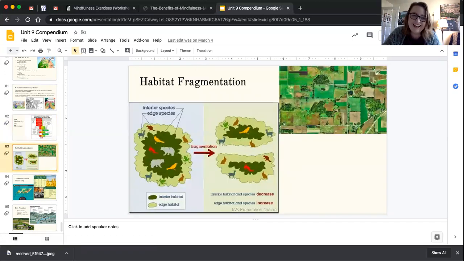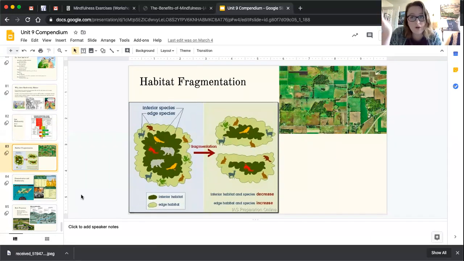Okay. This is a picture of habitat fragmentation. Basically, if there are interior species, they can no longer live. And then I put a picture of it. You can see where the clusters of trees have been broken up by farmland. That's fine and all, except that usually you would have a colony or 2 or 3 species within the interior habitat.